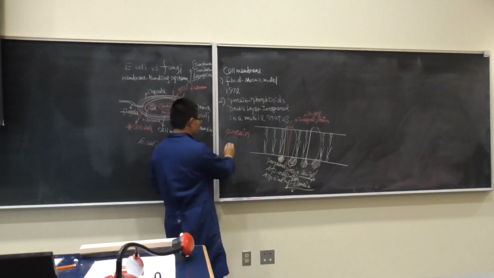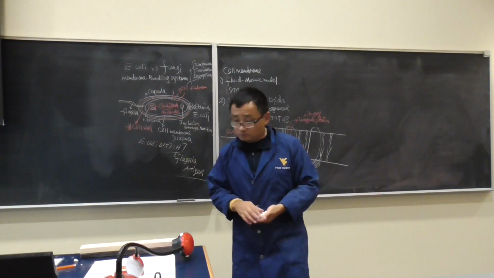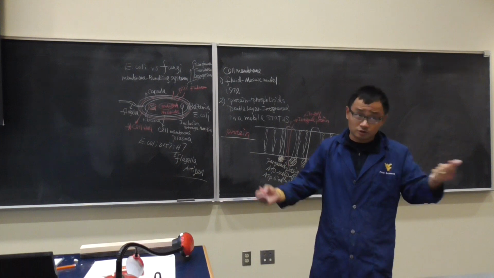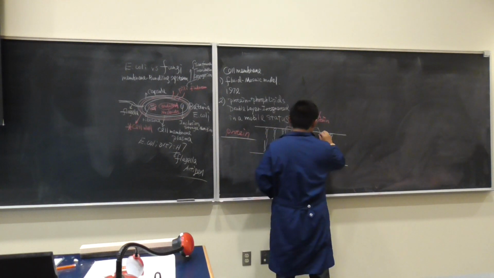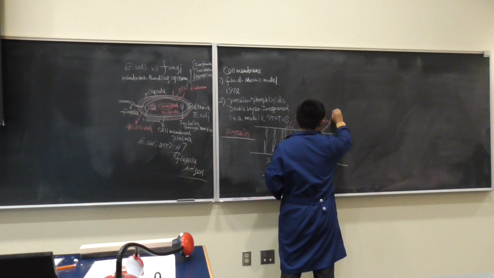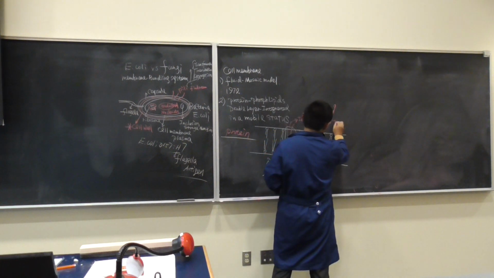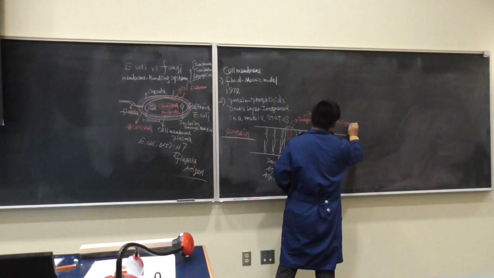So that's the first thing, the protein. What else do we have? You think the fluid mosaic model is so simple, but it's not really. Sometimes you will see something like a chain showing up. It could be a sugar, oligosaccharides.